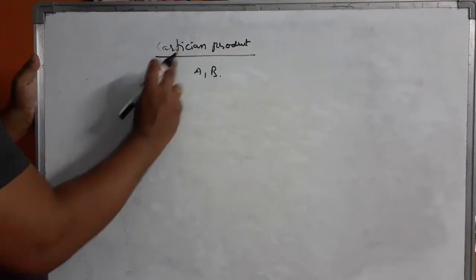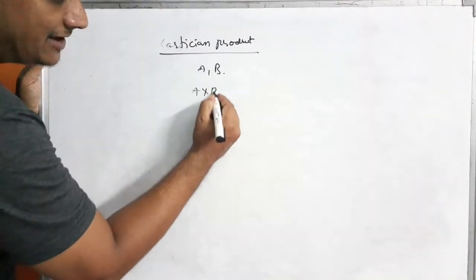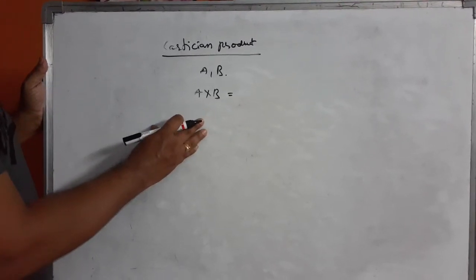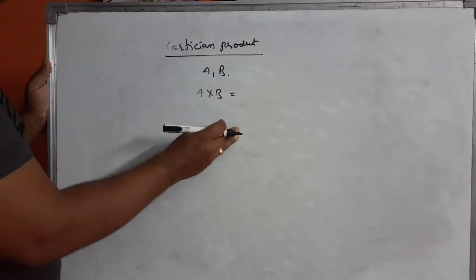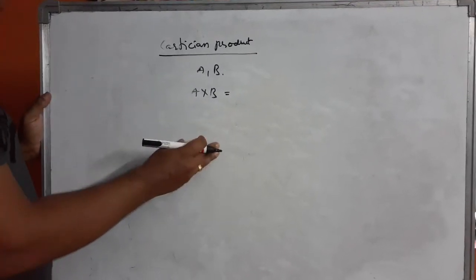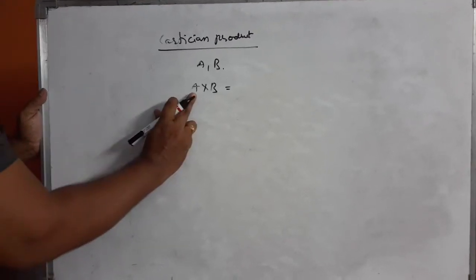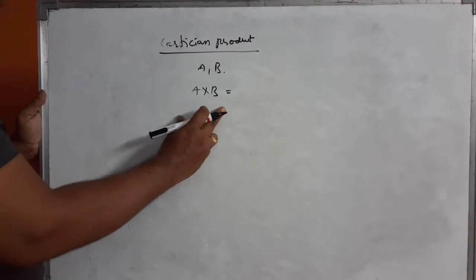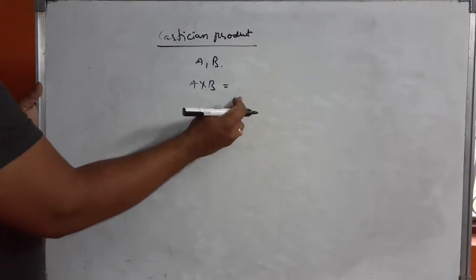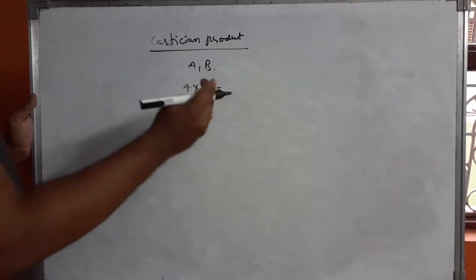The Cartesian product of A and B is denoted by A cross B, and it is defined as the set of all ordered pairs where the first coordinate is from the first set and the second coordinate is from the second set.